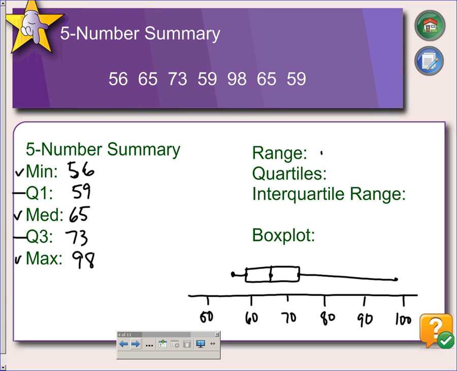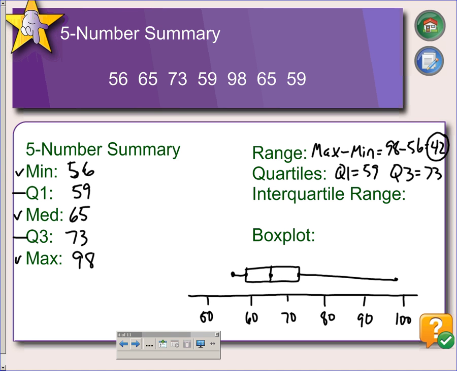Okay, next we want to calculate the range. The range is the maximum number minus the minimum number. So this would be 98 minus 56, which is 42. The range is a single number, just the one number, 42. The quartiles we already know are Q1 is 59 and Q3 is 73.